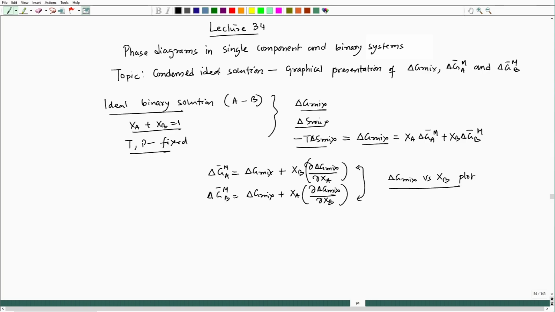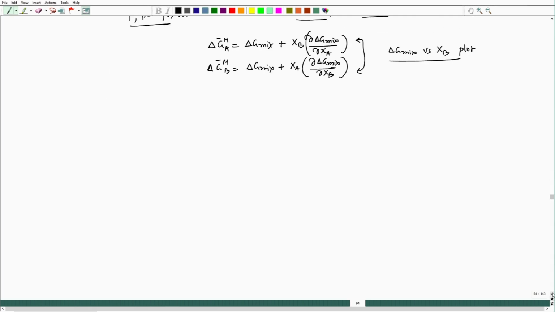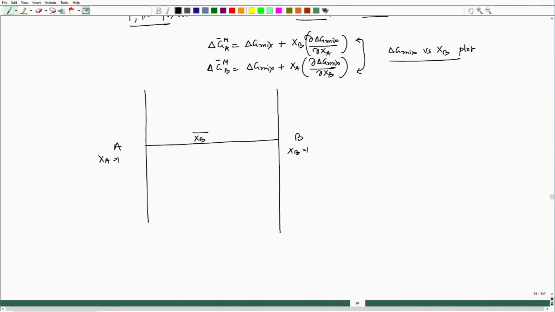If we look at the plot, this is pure A, this is pure B, X B equal to 1, X A equal to 1, and X B varies this way, X A varies this way.